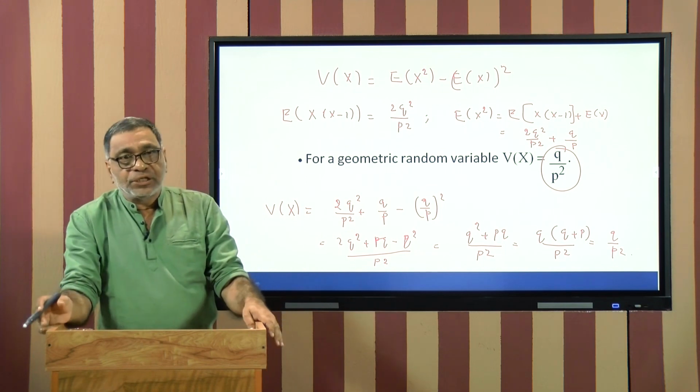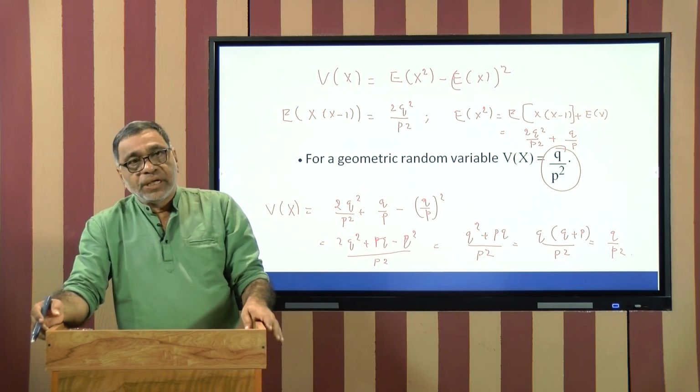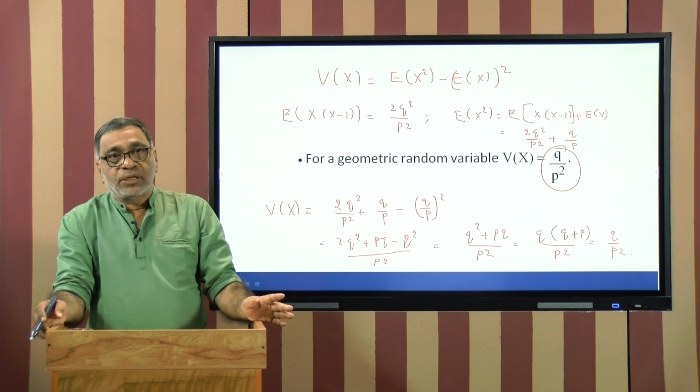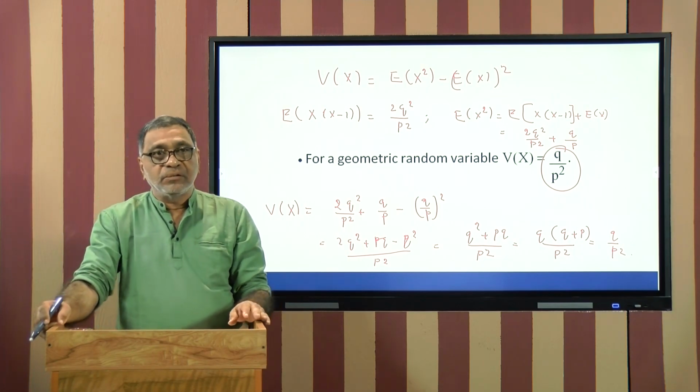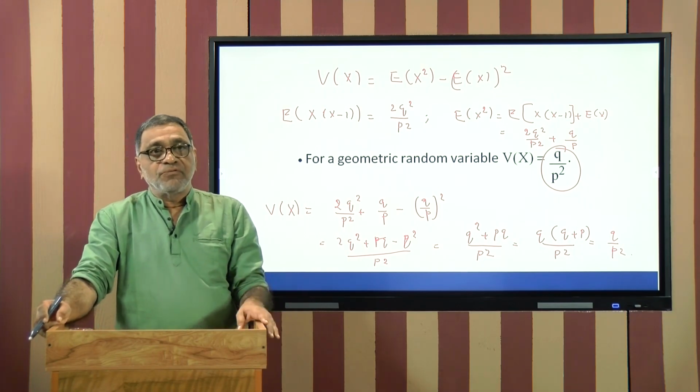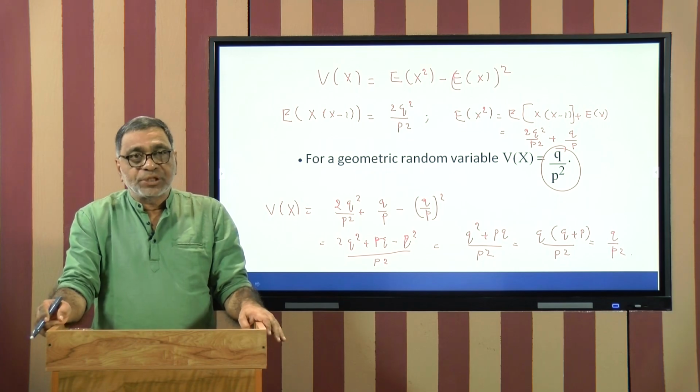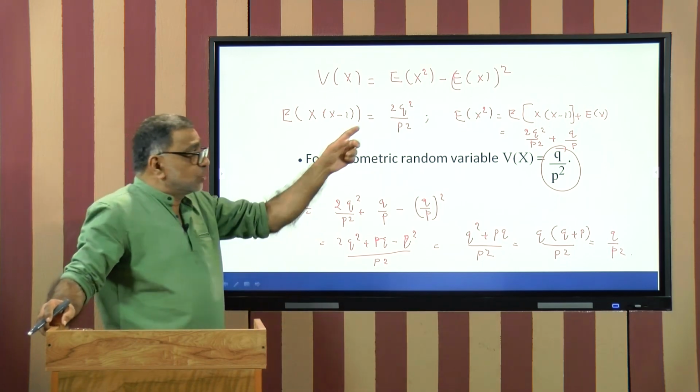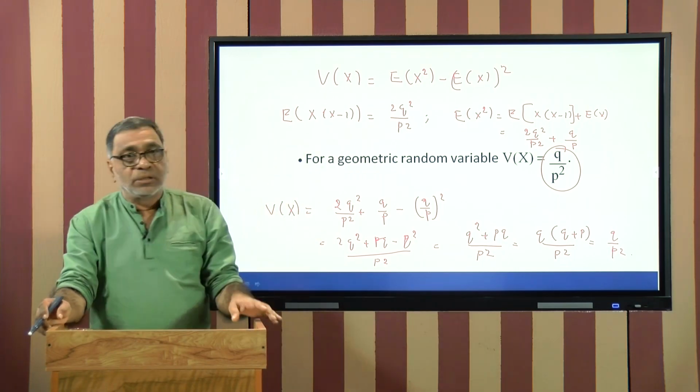So, for a geometric random variable, we established the expectation of x already as q divided by p, and then the factorial moment we calculated, expectation of x into x minus 1, as 2q squared divided by p squared.